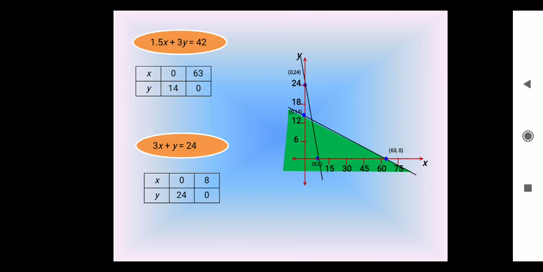Joining these 2 points, again we have to observe the second inequality, that is less than or equal to 24. Similarly, when we substitute x and y as 0, we obtain a true answer, hence we are shading towards the origin. From these two shaded parts, we have to find the common region, as here the yellow region shows the feasible region.